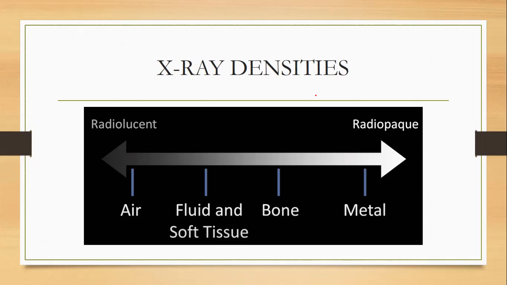Right in the middle, we have the other two X-ray densities, which are the fluid and soft tissue. There we would also have the fatty tissue, right? And then we have the bone density, which is related to calcium, right? We also mentioned it. And then we have the metal density.